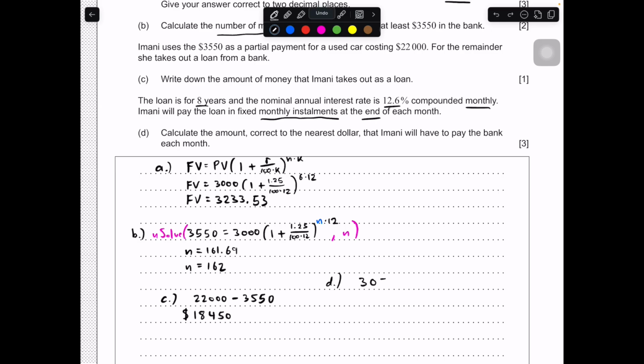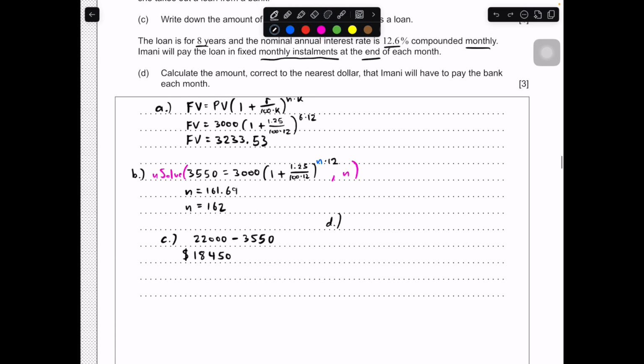Sorry, I should actually be clear in terms of the process that you would need. For a 3-mark question, it is not enough to just put 305. We would need to show our process, and that would look something like this: N, I, PV, PMT, and so on. I don't know if I want to write this all again. PPY and CPY, and then put the values in for each. So in this case, 96, 12.6, make sure it's legible, of course, 18,450, and so on.